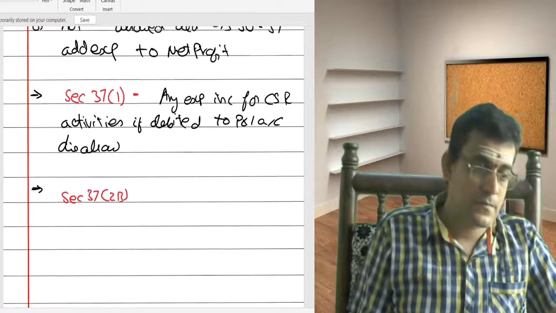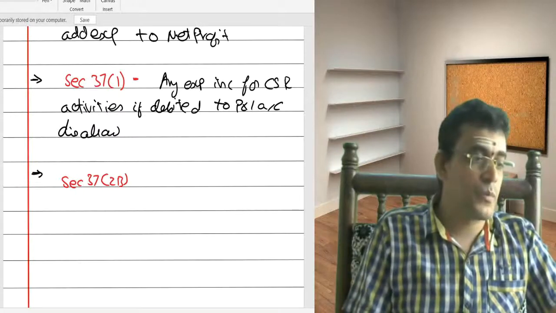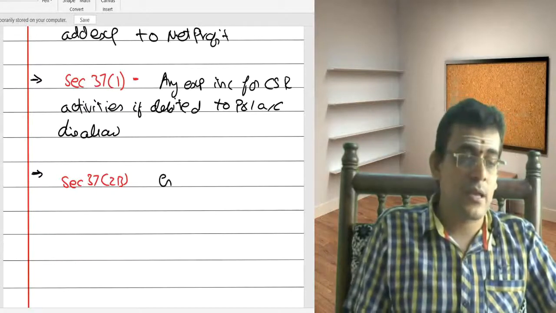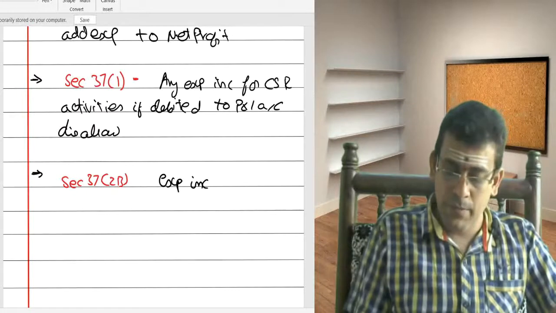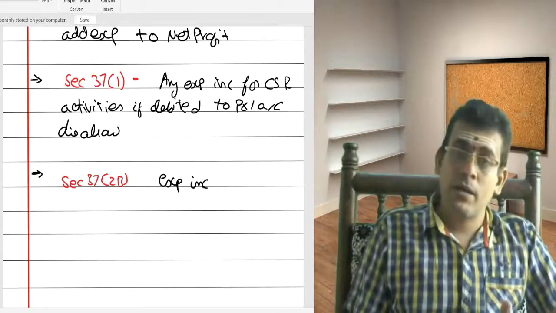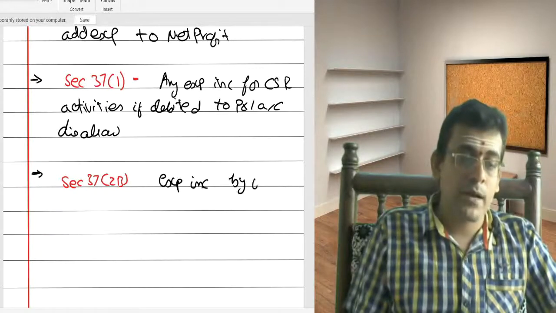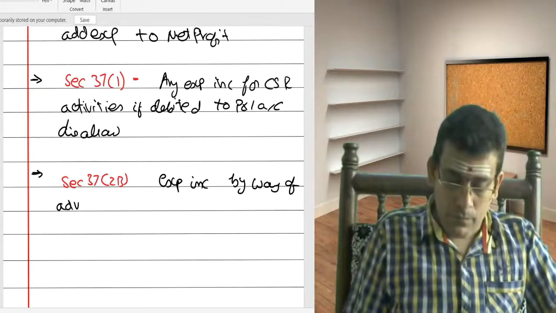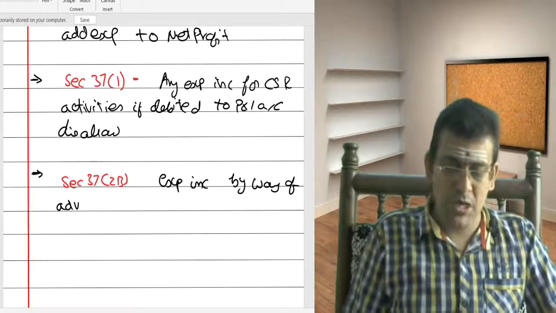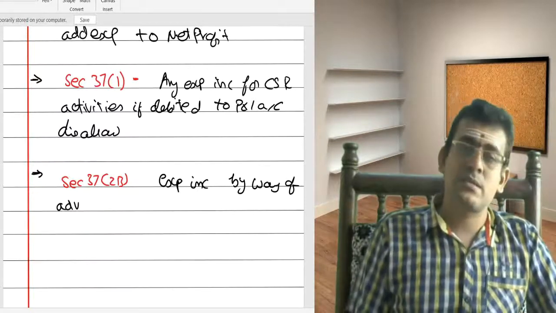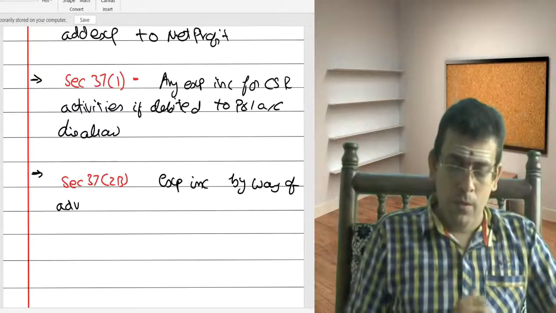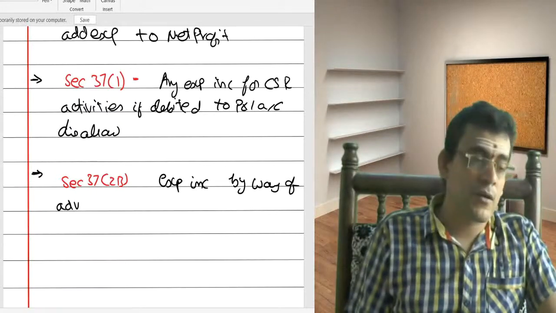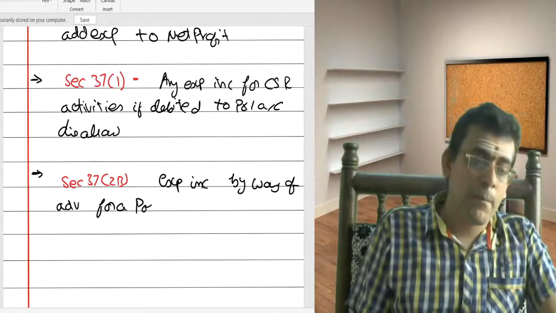Let us see what this is. Section 37(2B) says that whenever you incur any sort of expenses by way of advertisement, in any souvenir, brochure, pamphlet, etc., whatever it is, for the benefit of a political party, that is expenses incurred by way of advertisement for a political party.